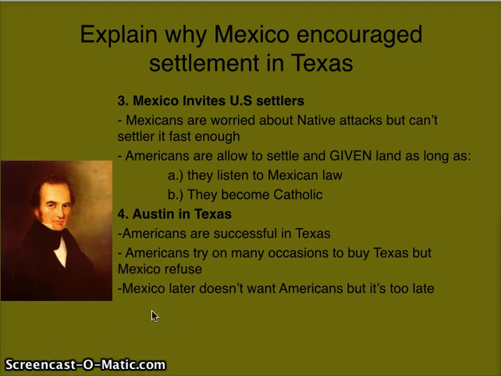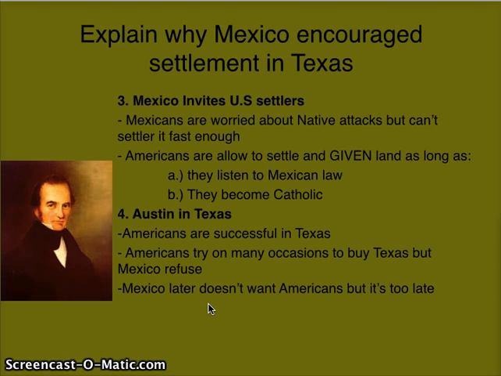But this also starts to make Mexico worried because as Americans are being more and more successful in Texas, Americans are starting to think that they should own Texas, that Texas should be a part of America. So what ends up happening is we have a few presidents actually offering to buy Texas off of Mexico.